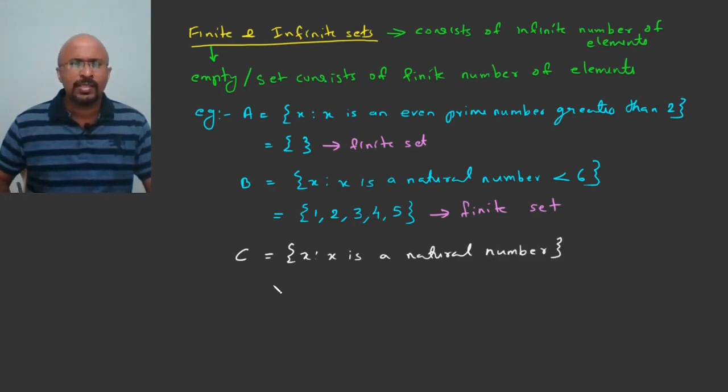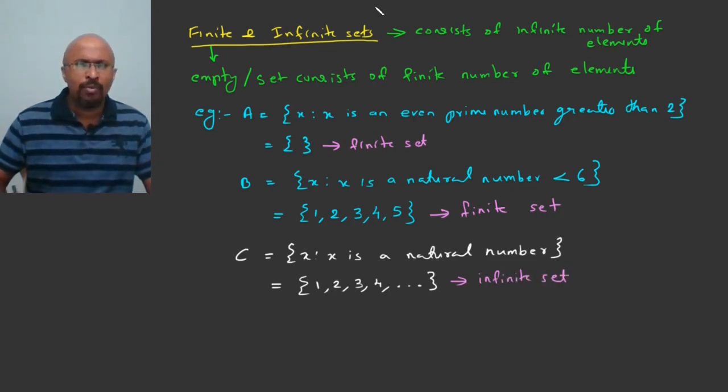We know this set consists of elements 1, 2, 3, 4 and it will continue up to infinity. Since this set consists of an infinite number of elements, this set is an example of an infinite set.